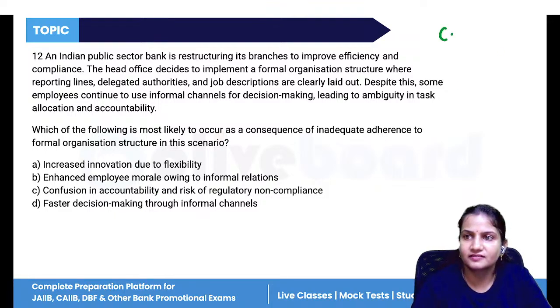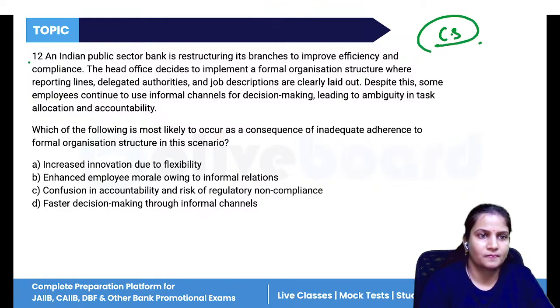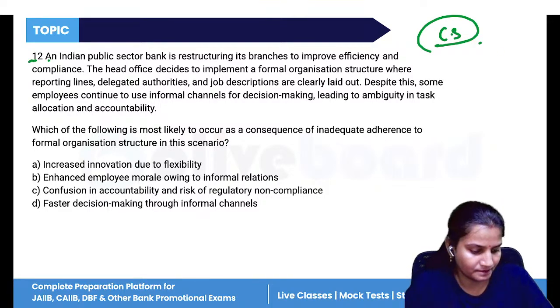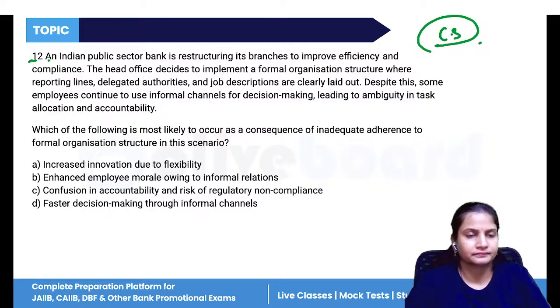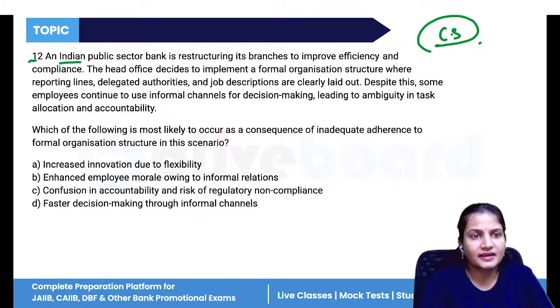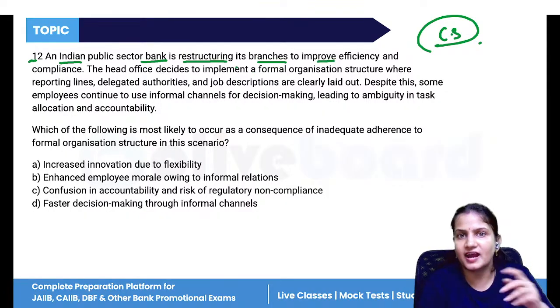Again, one case study given. An Indian public sector bank is restructuring its branches. Why? To improve the efficiency and compliance.